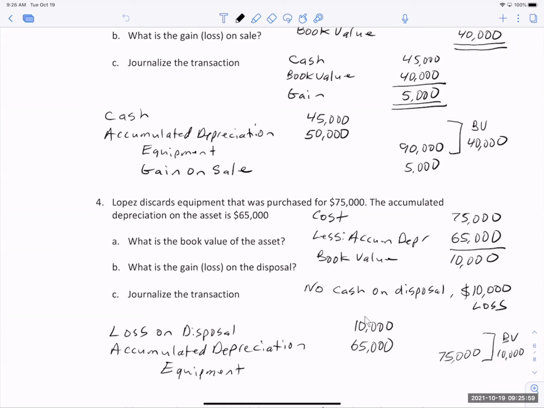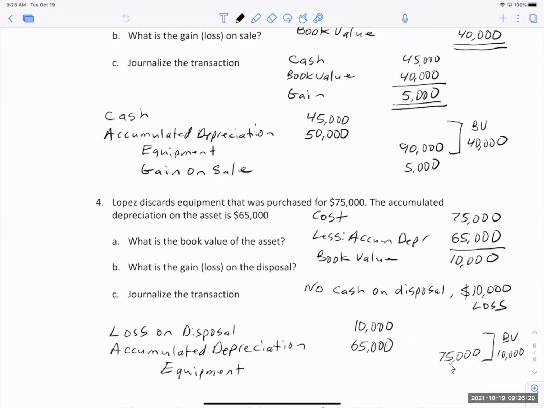So how do we journalize that transaction? Well, put in what you know. You know that you're going to be throwing the equipment in the trash. So we're going to credit the equipment. And we also have to get rid of its related accumulated depreciation, and that was, of course, 65,000.